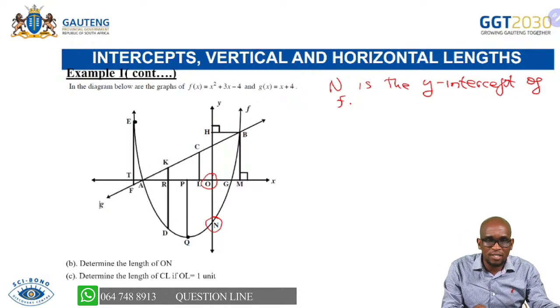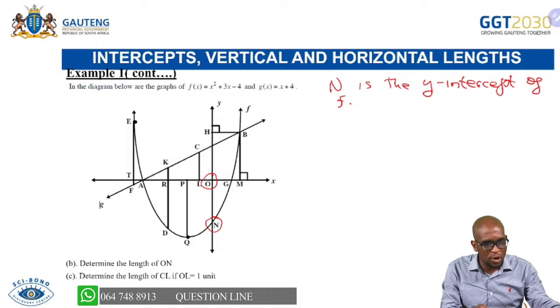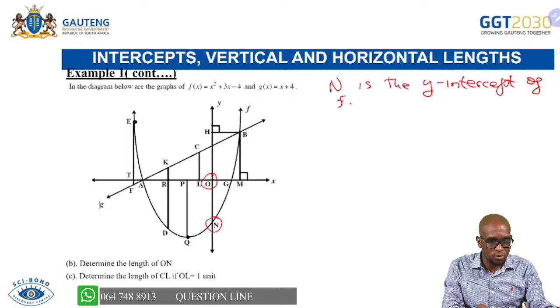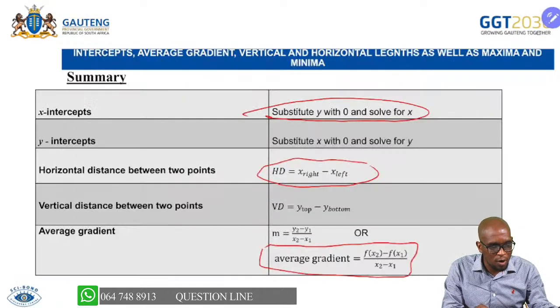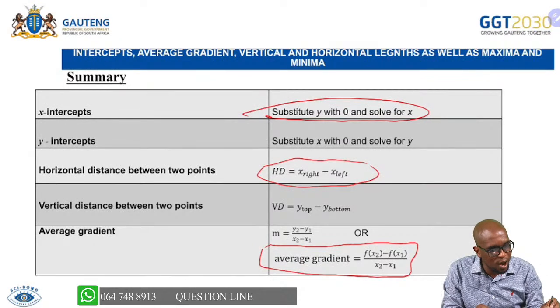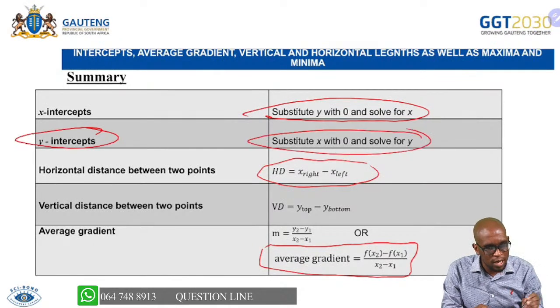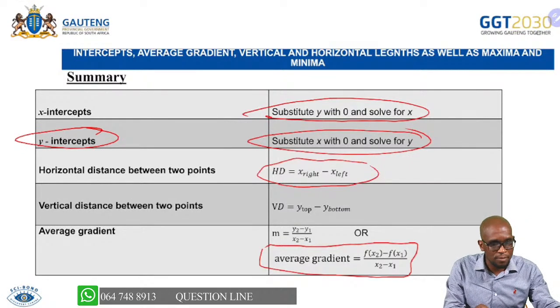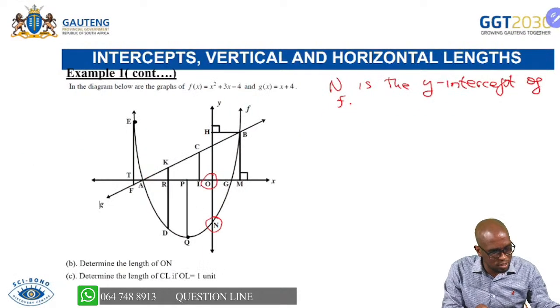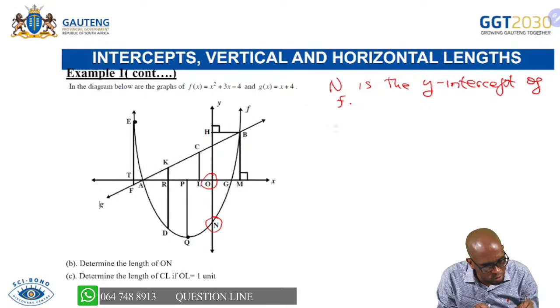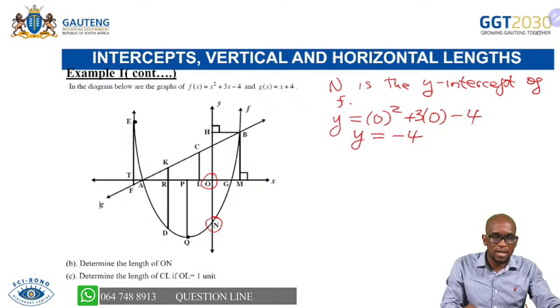If N is the y-intercept of f, then to find that point N, we should substitute x with 0, just like we indicated on our table here: to find the y-intercept, we substitute x with 0 and solve for y. So y would be equal to 0 squared plus 3 times 0 minus 4. So y simplifies to -4.